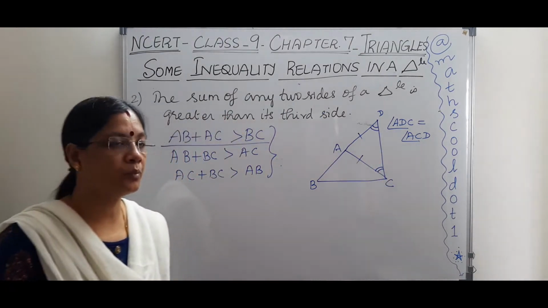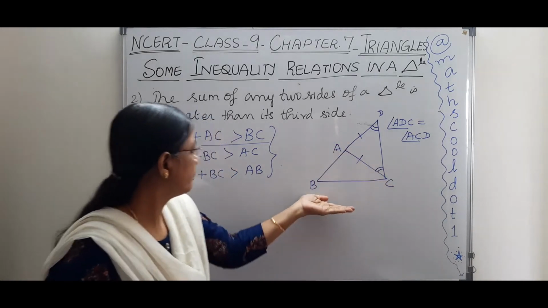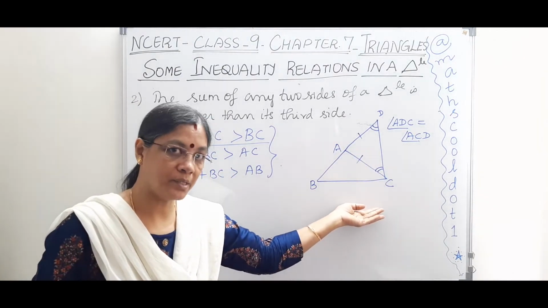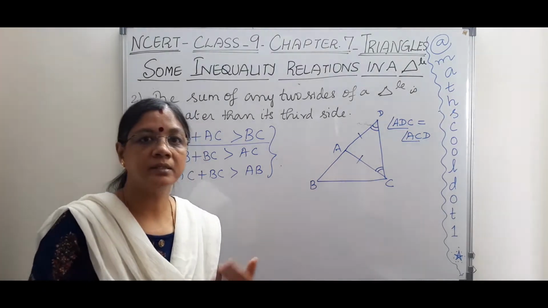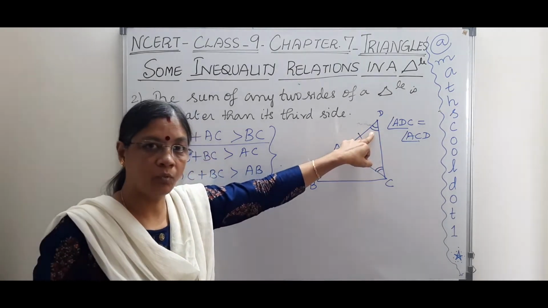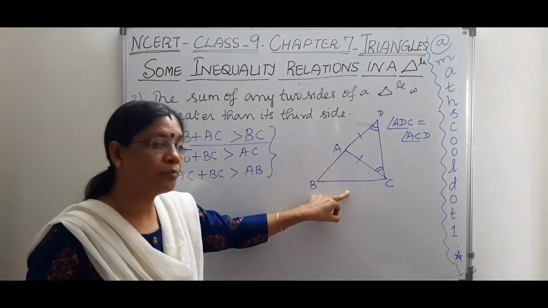And what we need to prove is that AB plus AC is greater than BC. So let us consider the angles. See, this angle is more significant here in this problem because this is the angle opposite to BC.